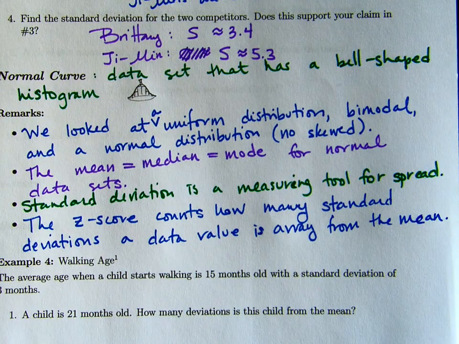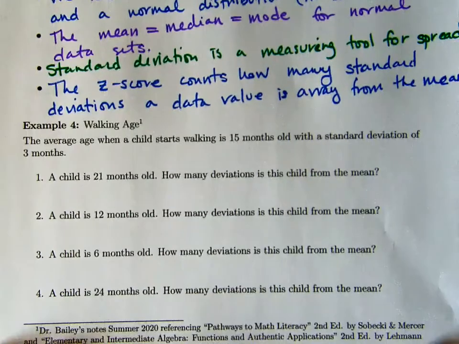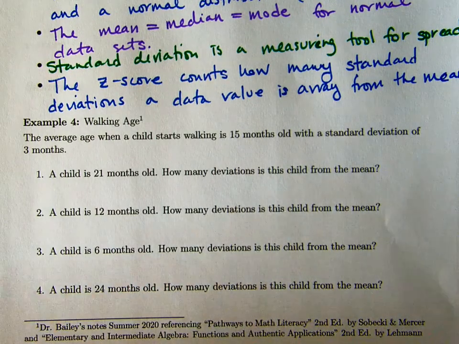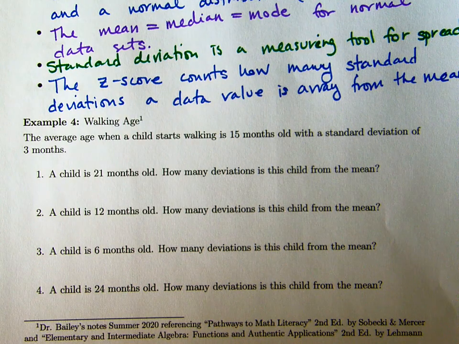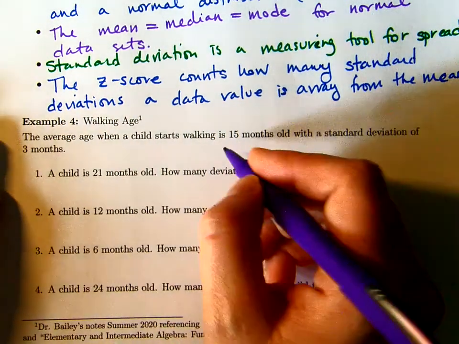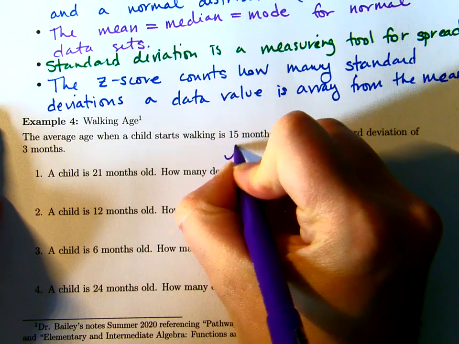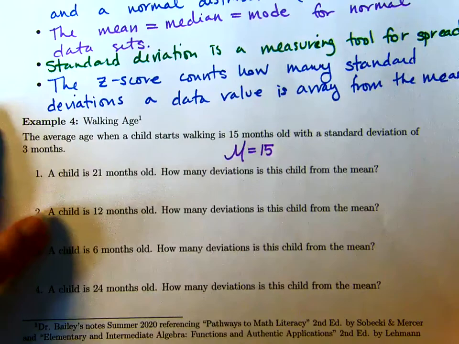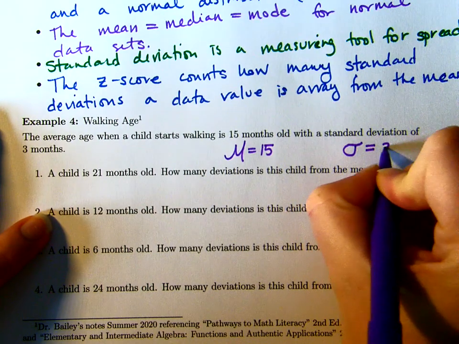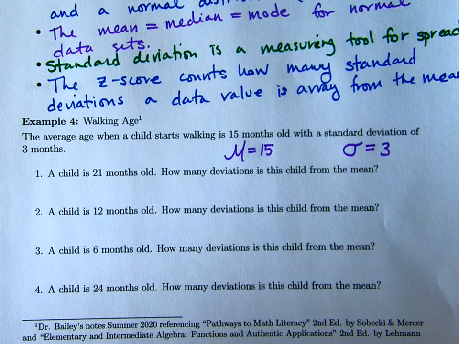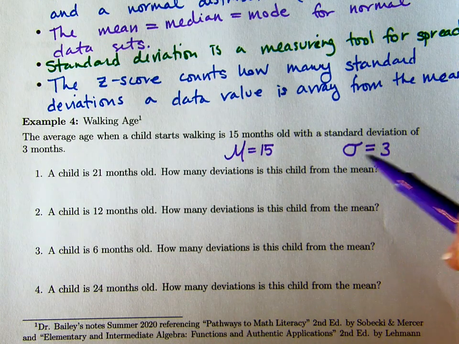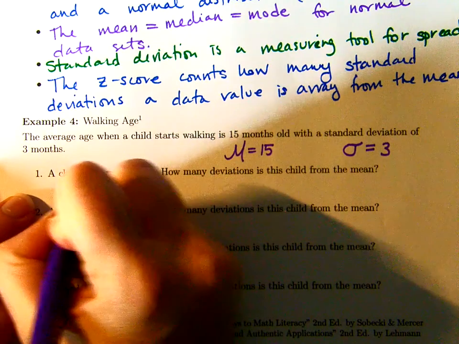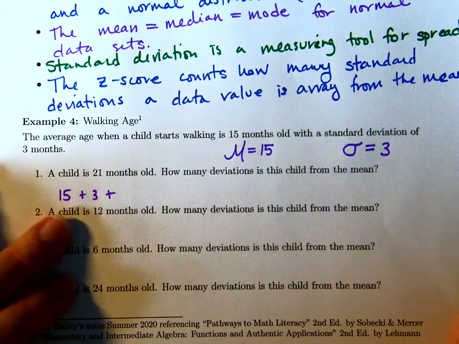Okay, so let's take a look at that. Let's look at the walking age. The average age when a child starts walking is 15 months old with a standard deviation of 3 months. So the average is 15, the standard deviation is 3 months. A child is 21 months old. How many deviations is that child away from the mean? Well, 15 plus 1 deviation, that would make 18.